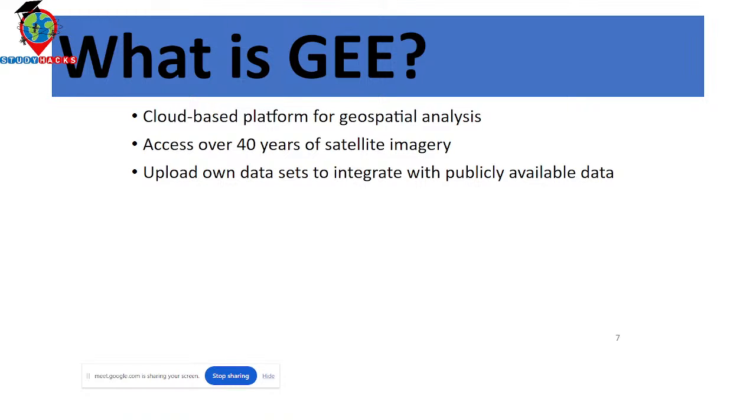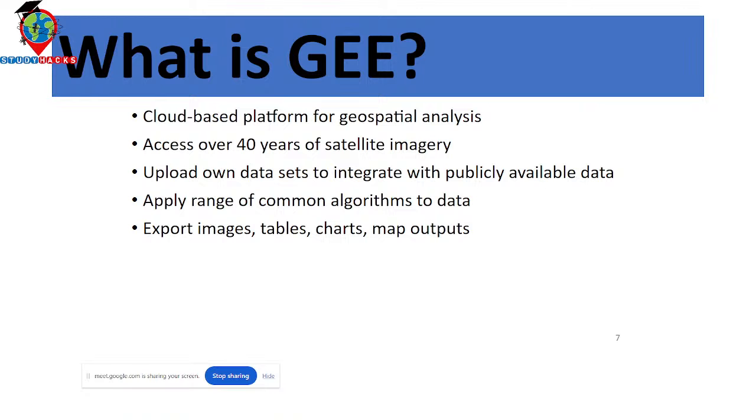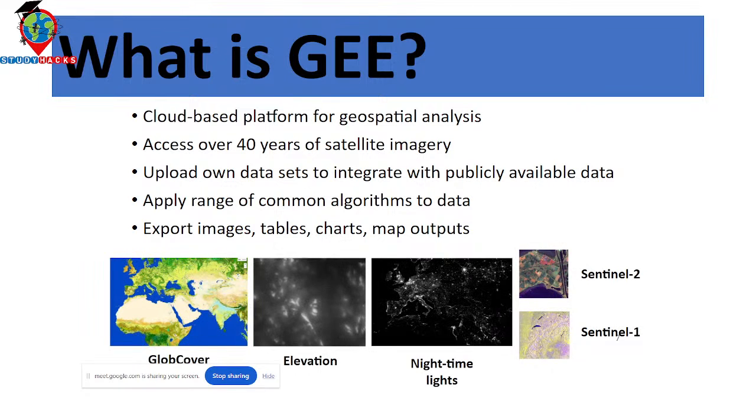Suppose you download or buy some high resolution imagery, or you create some drone images, or other high resolution imagery such as SPOT satellite images or Maxar satellite images. This type of satellite image you can also upload to the Google Earth Engine platform and use it. As well as you can easily apply different types of algorithms to your data. And finally, you can easily export the image, table, chart, map. These types of things you can easily export from the Google Earth Engine platform.